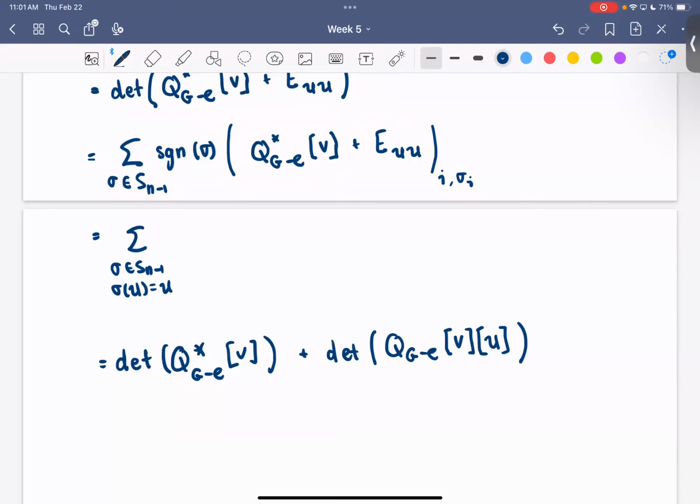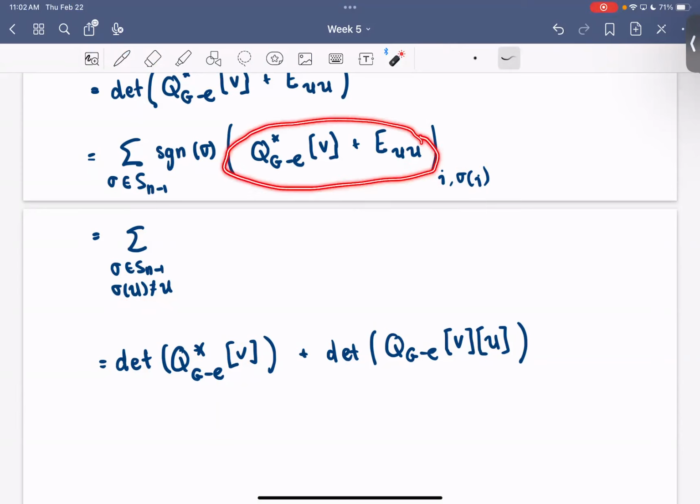Actually, let's do the not equal to U first. So for those sigmas, when U is not fixed, that means the entry that we're taking, and maybe I'll rewrite this like this, sigma of I, has not changed because we just added 0 to it.